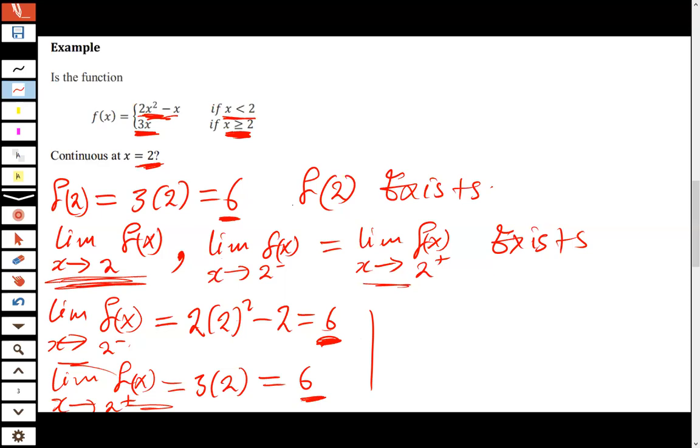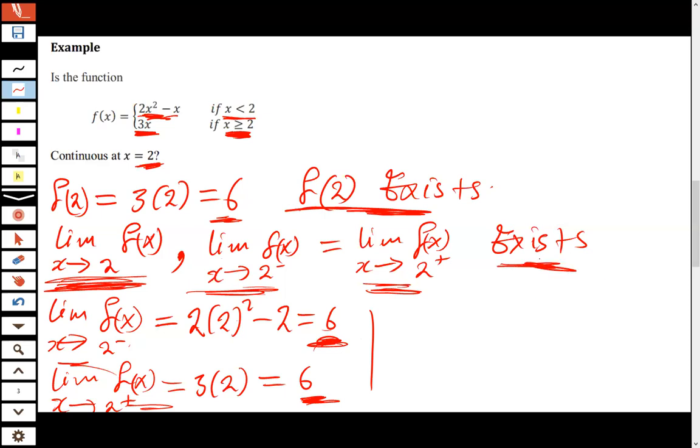So we have proved that f of 2 exists because it has given us 6, which is not undefined. And we've also proven that the limit of f of x as x approaches 2 exists because the left side and the right side are giving us the same answer. So this implies that the limit of f of x as x approaches 2 exists.